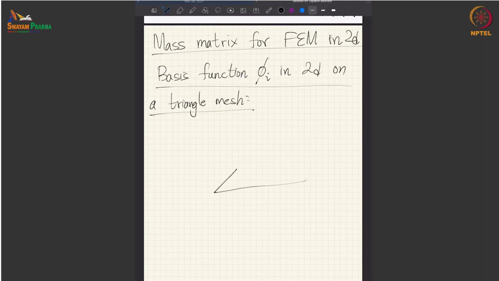So imagine this is a triangle in my triangle mesh. This is Vi, Vj, Vk, and my phi k, I'm going to draw phi k, is going to be value 1 and 0 here.